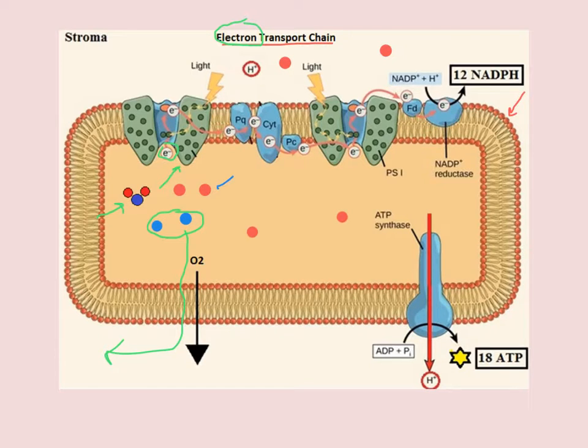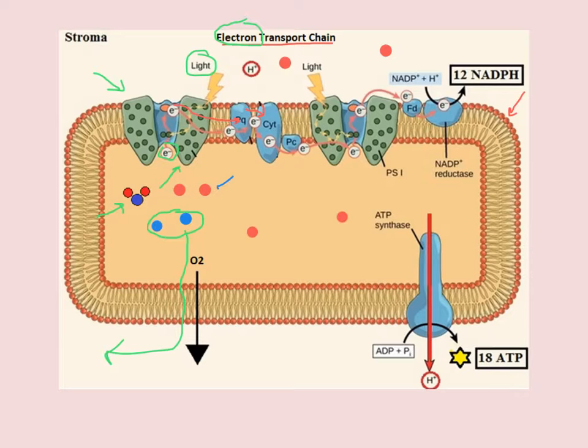Now we're going to get back to the electrons in Photosystem 2, the green thing. Light energy is used to energize those electrons, to give them more energy. The electrons are then passed down the chain. So they got energy from the sun, and they're passed through this protein structure called plastoquinone. You don't need to know that. And then to the protein structure cytochrome.